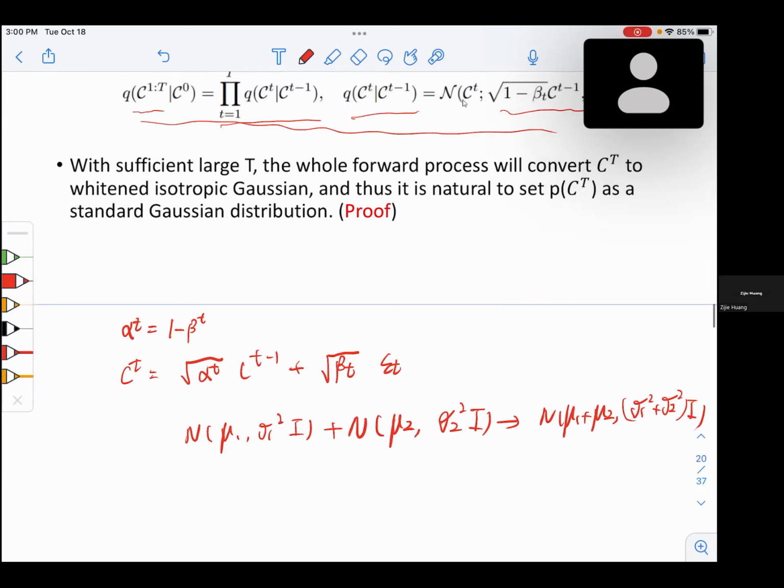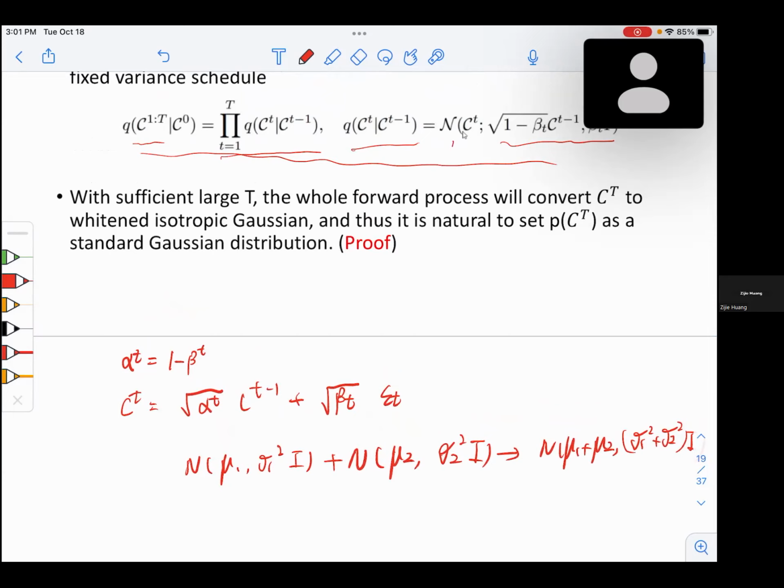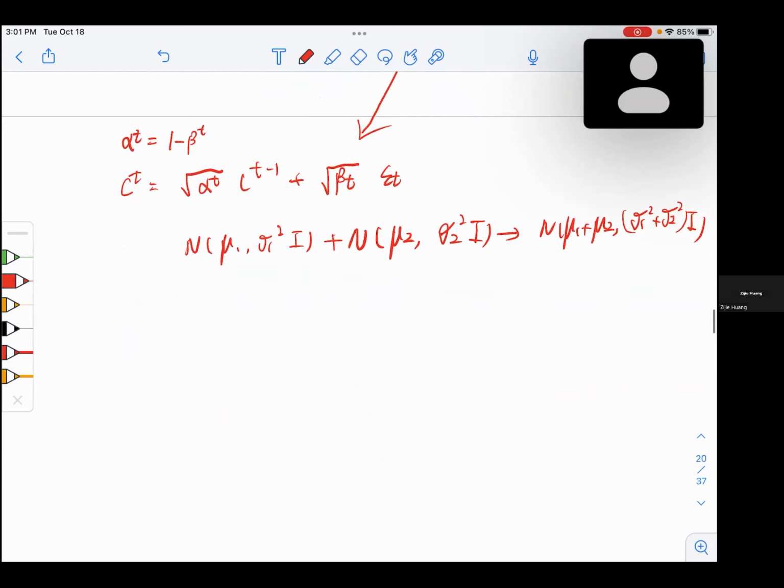So we can first rewrite, according to this fixed posterior distribution, how CT can be represented. If we view each CT minus 1 as a random variable, we can write it this way. And we can further decompose CT minus 1 using CT minus 2 by doing further expansion.